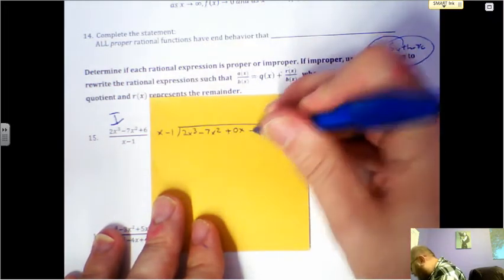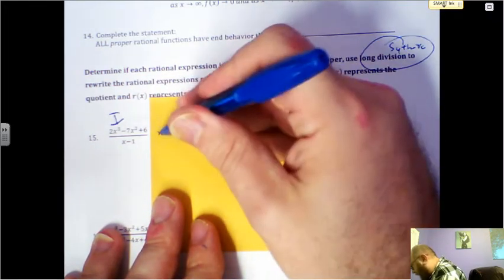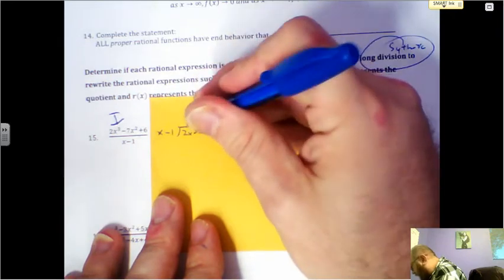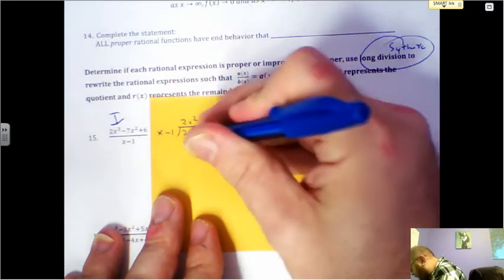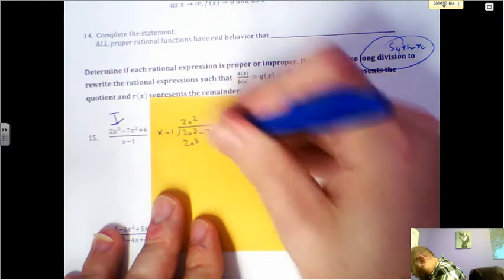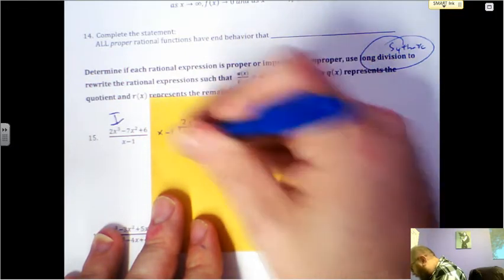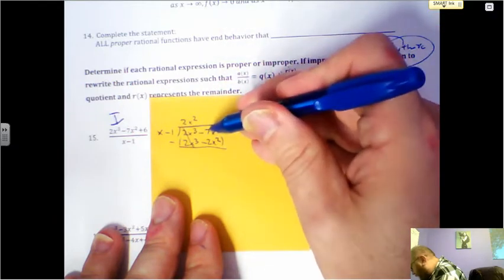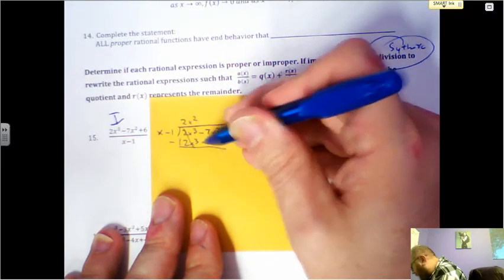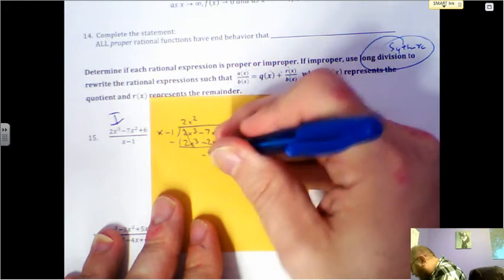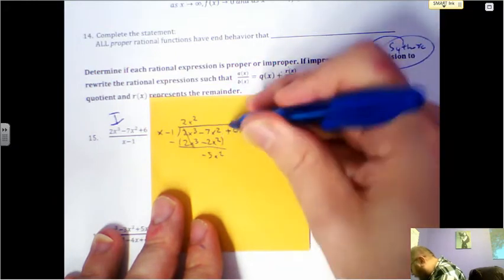And then I'm going to write plus 6. Okay. x times what is 2x cubed? It'd be 2x squared, giving me 2x cubed minus 2x squared. I then subtract. This eliminates. Negative 7 minus a negative 2 is negative 7 plus 2. That's negative 5x squared. I'll bring down my 0x.